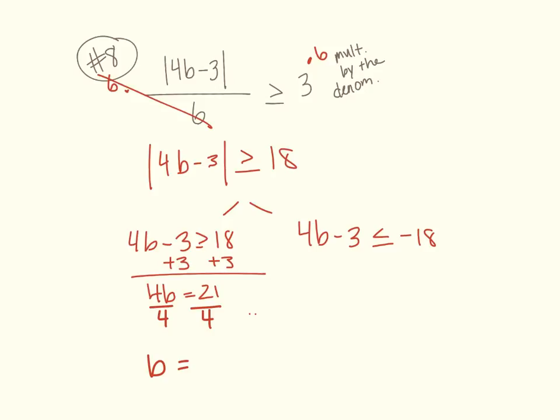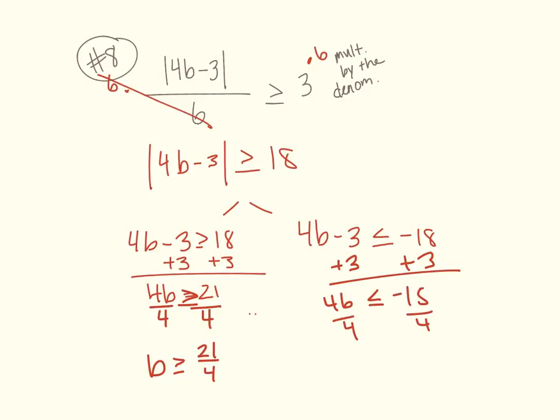And I lost my inequality sign. That should be greater than or equal to 21/4. So there's my first value. And then we solve for our second value. Add 3. 4b is less than or equal to -15. Divide both sides by 4.